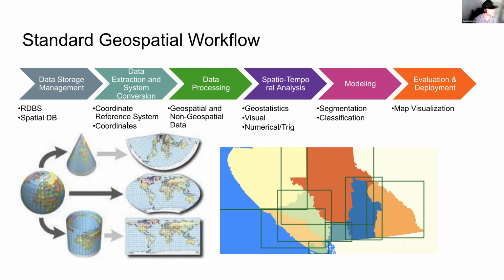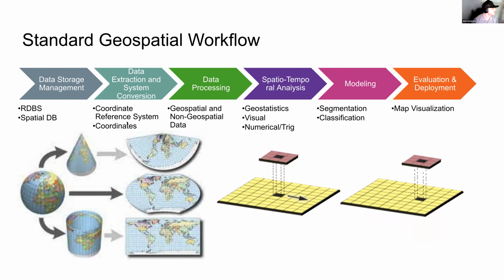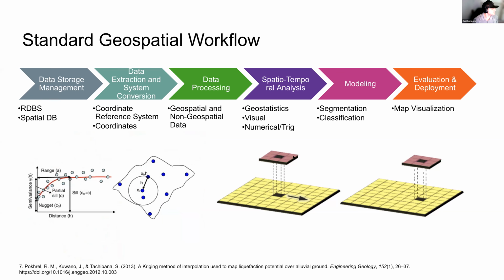If you're dealing with raster data, you're probably going to define a minimum size of a cell and then continue to some geospatial and non-geospatial data processing, such as, in this case, moving windows. We apply some filtering to them. It can be a mean, average, or median, depending on your problem. You're going to have a different type of geospatial and non-geospatial data processing. And then we go through and extract geostatistics.